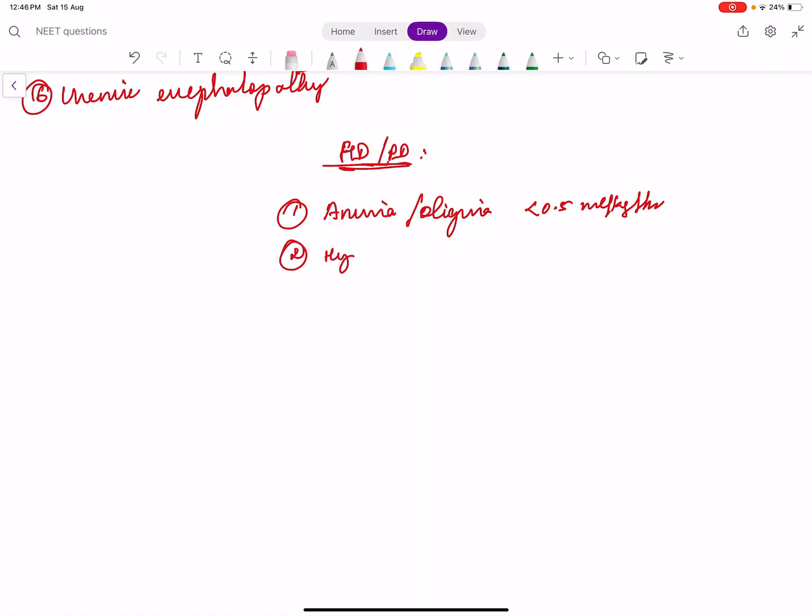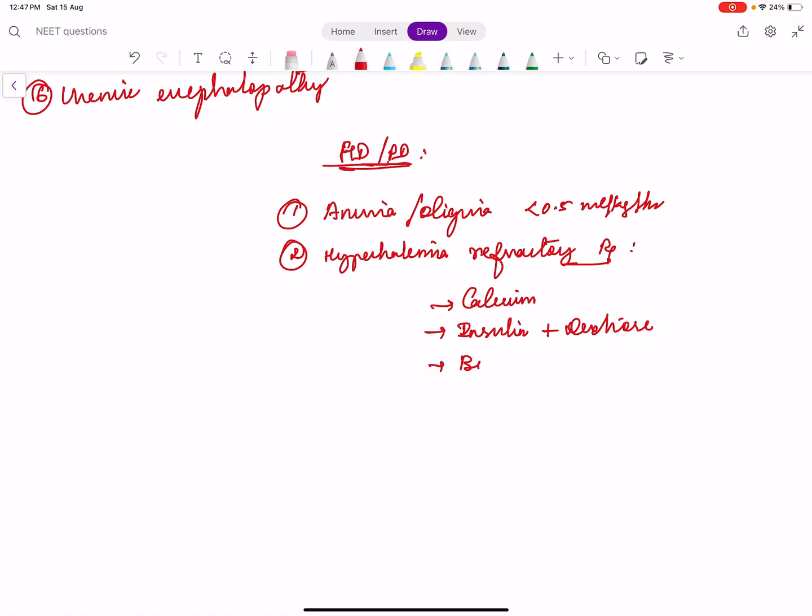There should be hyperkalemia refractory to treatment. How will you treat hyperkalemia? One is calcium supplementation. Why calcium? This excess calcium will stabilize the membrane and prevent arrhythmias. Second is insulin plus dextrose. It will push the potassium into the cells.